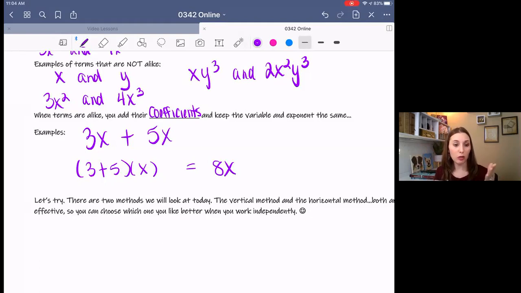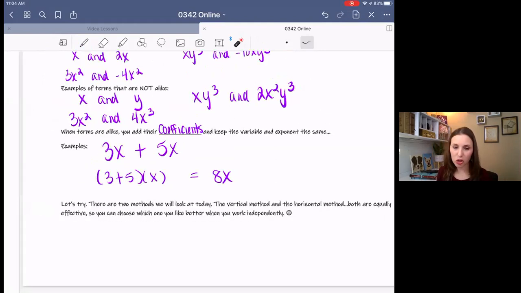If you have 3 blue M&Ms and 5 blue M&Ms, you now have 8 blue M&Ms. So you can substitute your favorite candy in place of x and think of it that way. I love Sour Patch Kids. So if you have 3 red Sour Patch Kids and 5 red Sour Patch Kids, I now have 8 red Sour Patch Kids. So that's how you do it.